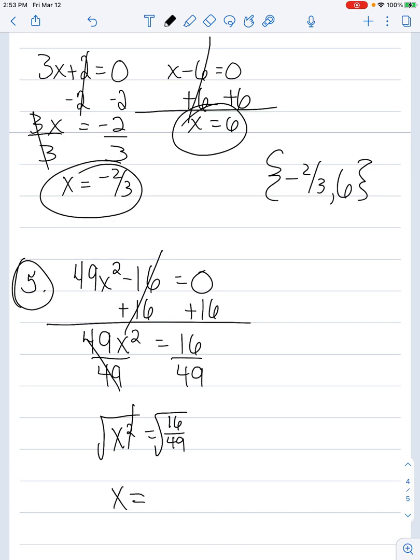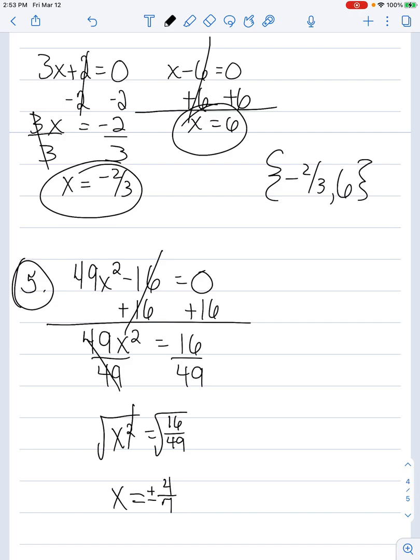So x equals, what is the square root of 16? 4. What's the square root of 49? 7. Do you remember when we factored by using square root, we had to have like an x plus 7, x minus 7? Well, when we do the square root to solve, we have to have a positive and a negative.